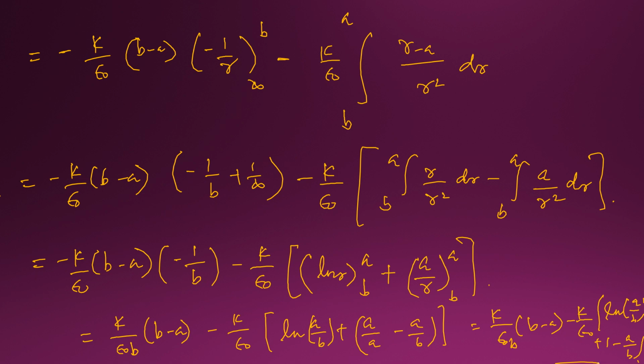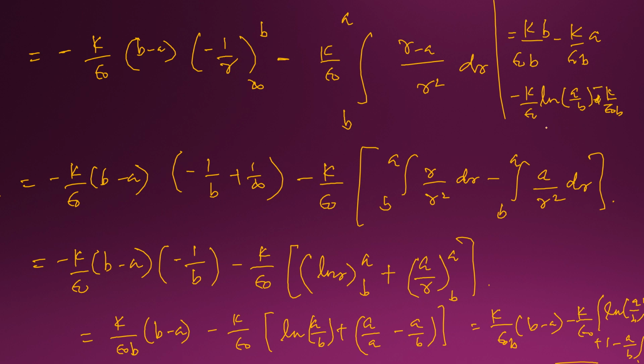Alright. Okay, we can expand it a bit, and I think we'll get something. No, leave it. Okay, let's do it then. K by epsilon naught b into b, minus k by epsilon naught b into a, minus k by epsilon naught ln(a by b), plus k by epsilon naught a by b.